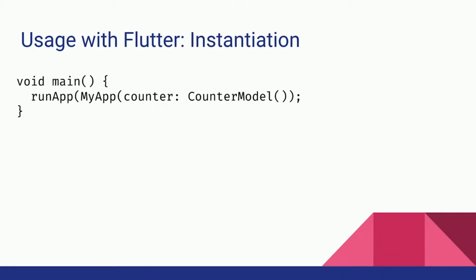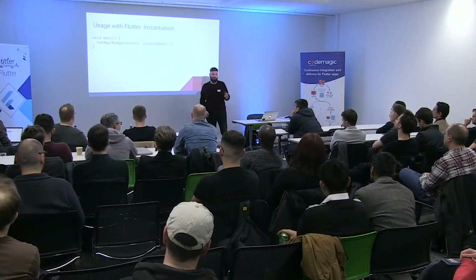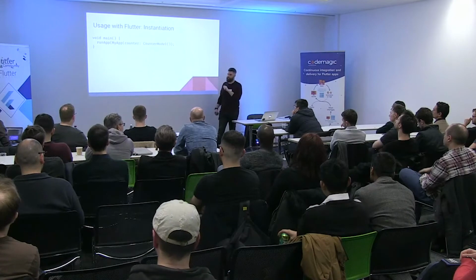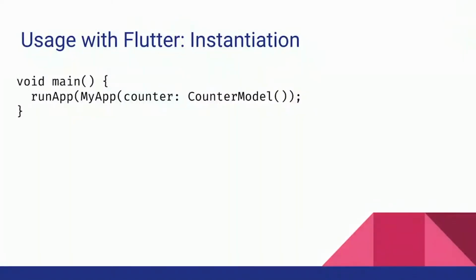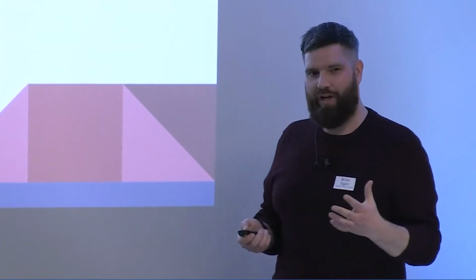So then with Flutter, you've got a couple of different ways to do it. You can instantiate the model. And this is a question I was asked as well: where do you instantiate scoped models? If you only need to instantiate the model at the top level, you can just instantiate it directly in your main function. I generally don't recommend this. Usually what I try to do is create a model on the screen or the widget that needs it, and only at that point.